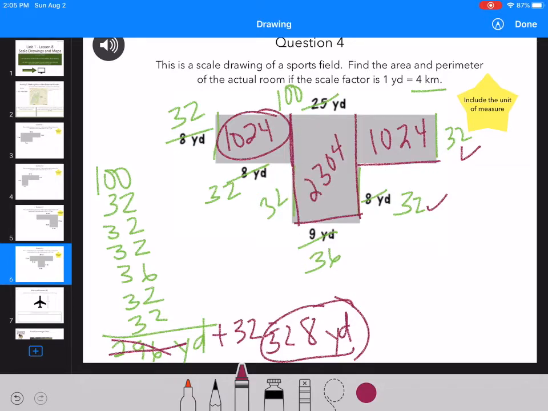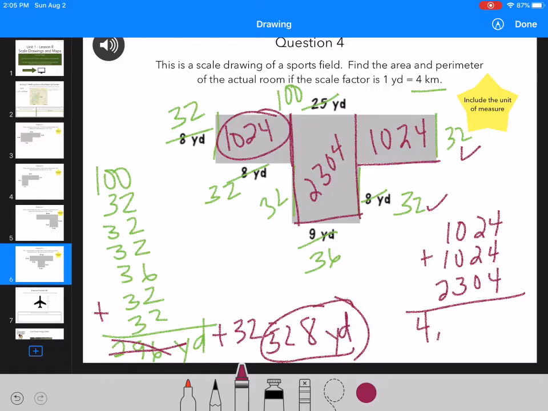Now, just like the last one, I'm going to add them together. I get 4,352, and it's going to be kilometers squared. This one also has to be kilometers.